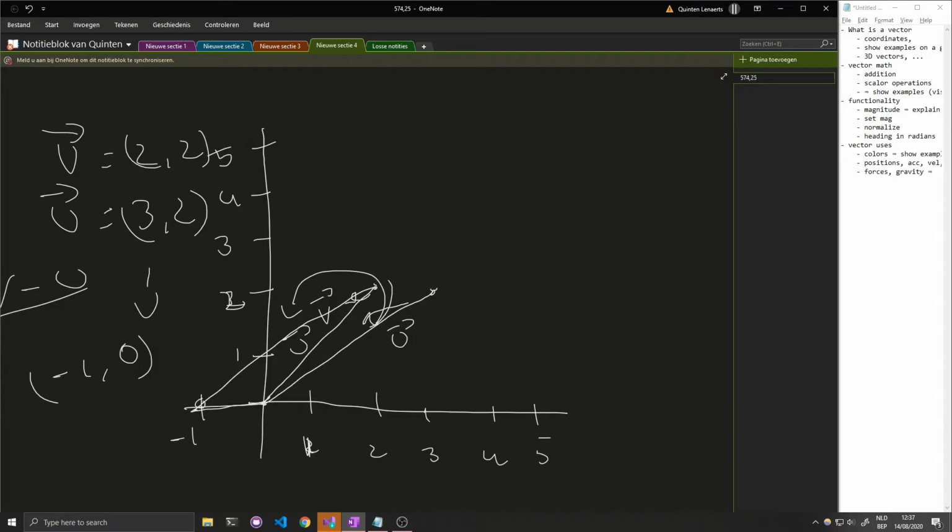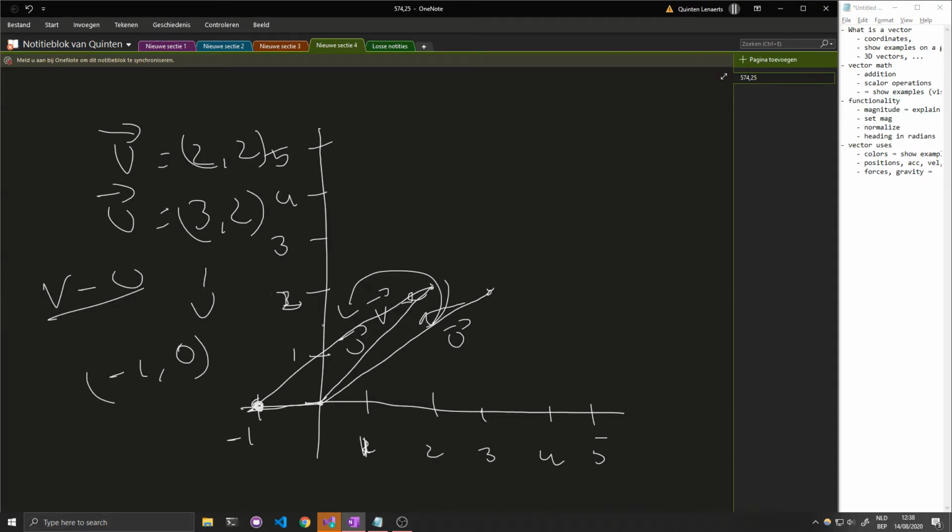We would reach the -1, 0 position. But what we're basically doing is just adding up the v and the u vectors, but with the u vector turned around, right? So this is the resulting vector that you can turn over here. This would be the exact same thing as simply doing v plus -u, and you would also end up with the coordinate -1, 0.